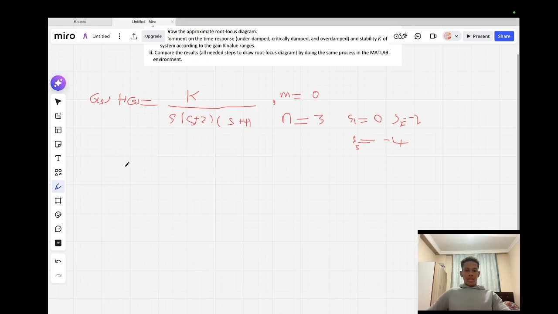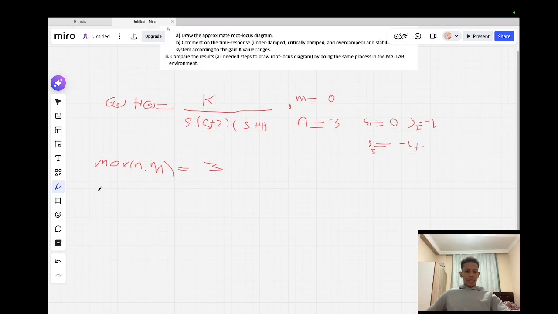In the second step, we need to find the number of branches. The number of branches equals the max of n and m. So here it's equal to 3.